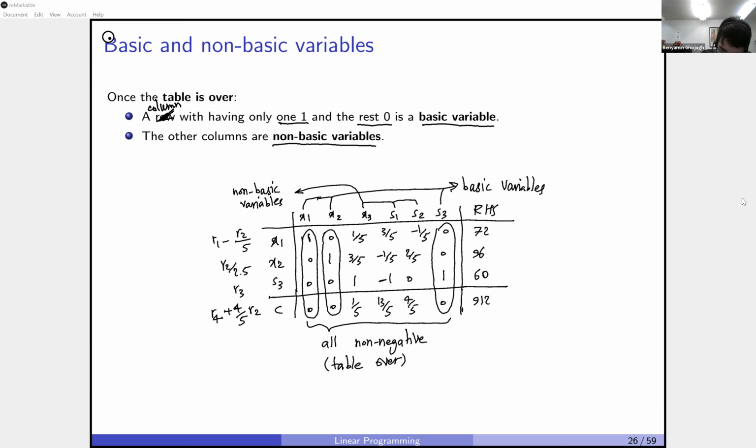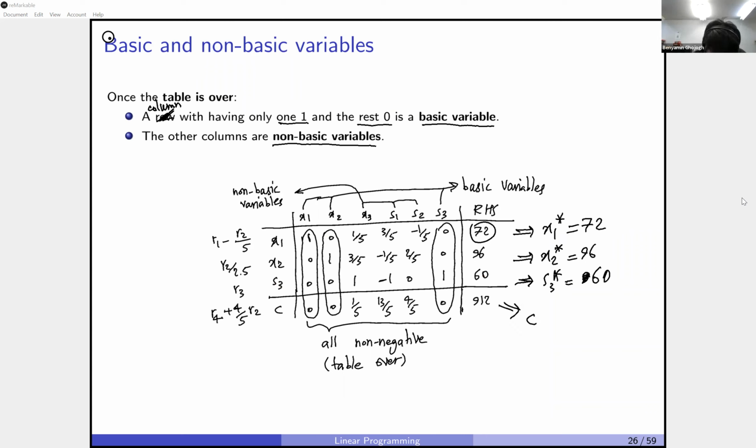And what does it mean at the last iteration here? So it means that X1 star, which is the optimum, is this exactly, 72. X2 star, which is a basic variable here, is 96. This is S3. S3 star is here. Sorry, 60.